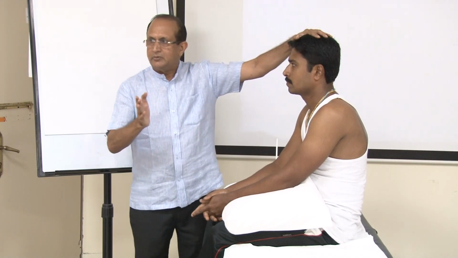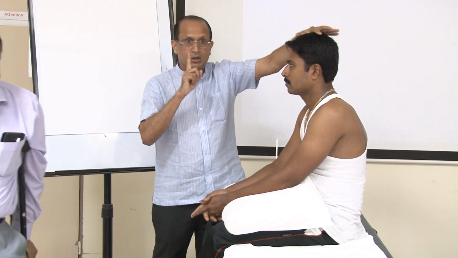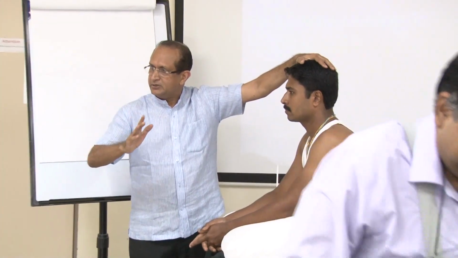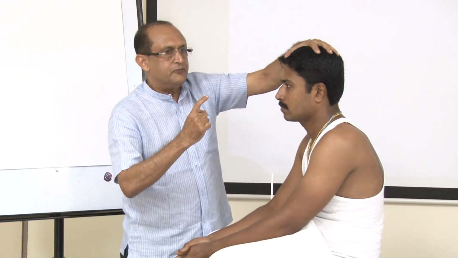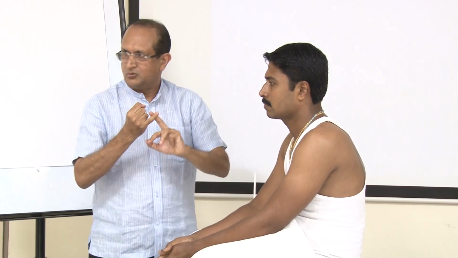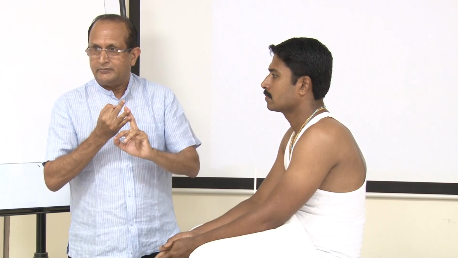How will you differentiate between a paralytic squint and a non-paralytic squint? In a non-paralytic squint, it usually happens in children and can be carried on to adulthood. That is one. If you look at the individual muscles, all will be full. Second, the patient will never complain of diplopia.